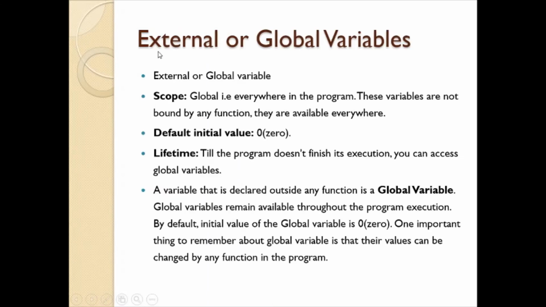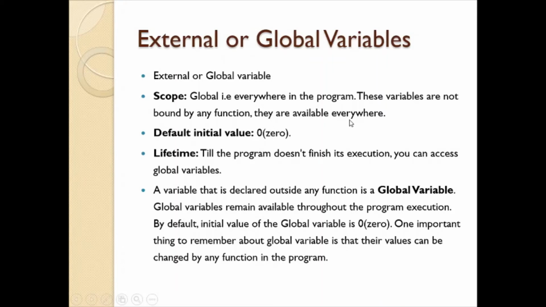The next type of storage class is external, and the variables defined with the external storage class are called external variables or global variables. As for scope, you can use these global variables everywhere in the program, and these variables are not bound by any function. They are available throughout the program.